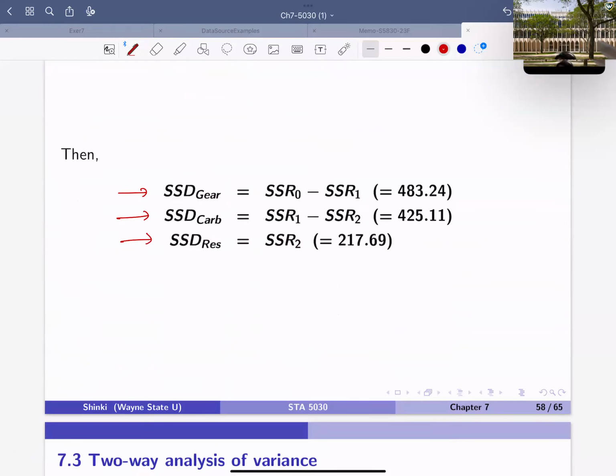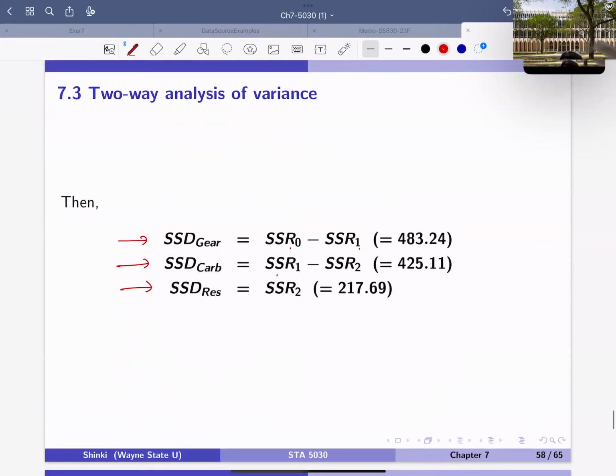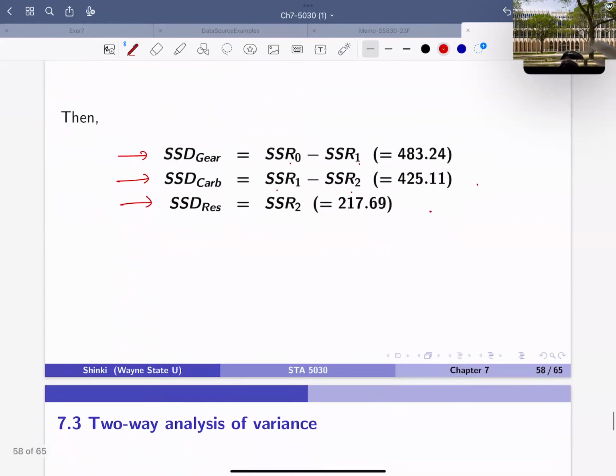Yeah, so this is actually the definition of SSD when we have unbalanced data. And SSR0 minus SSR1 is actually 483 if you fit those 2 one-way ANOVA models. And SSR1 minus SSR2 is 425 and so on.